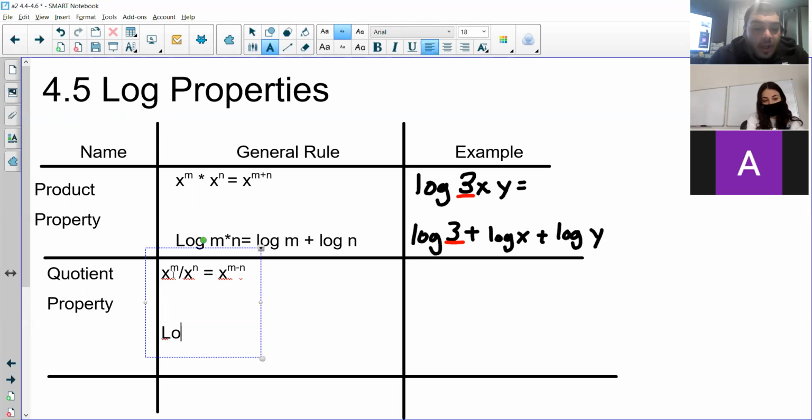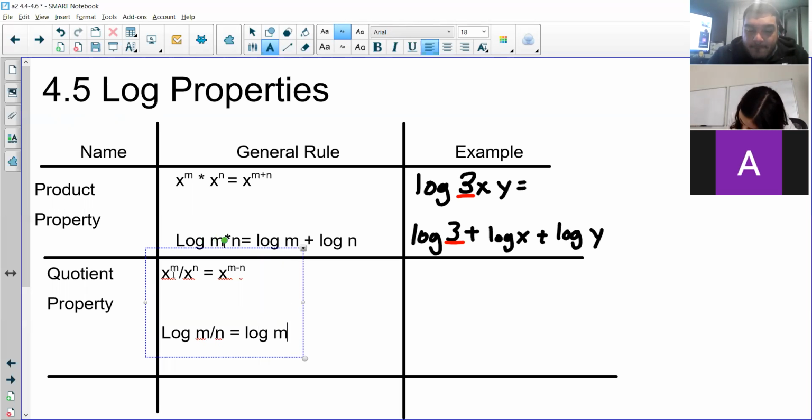So if you had a log where you had m divided by n, does anyone want to theorize what your answer is going to be in this situation? Log m minus log n. I appreciate it, Alyssa. Good.